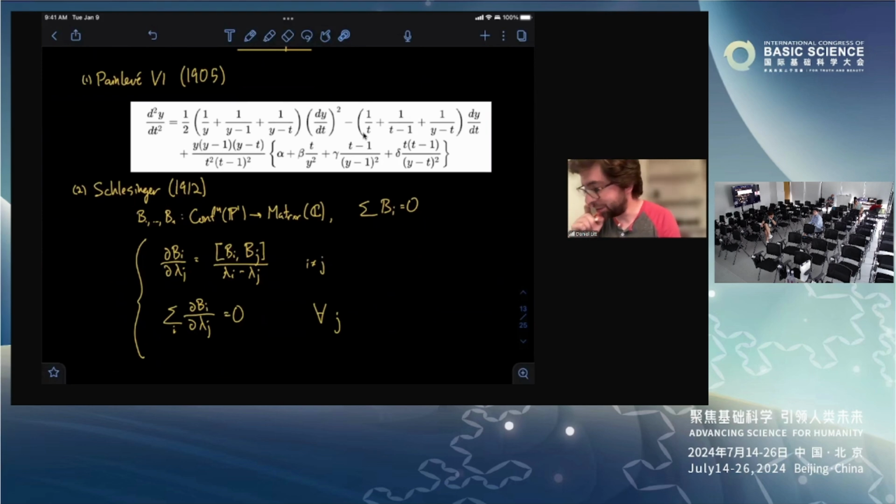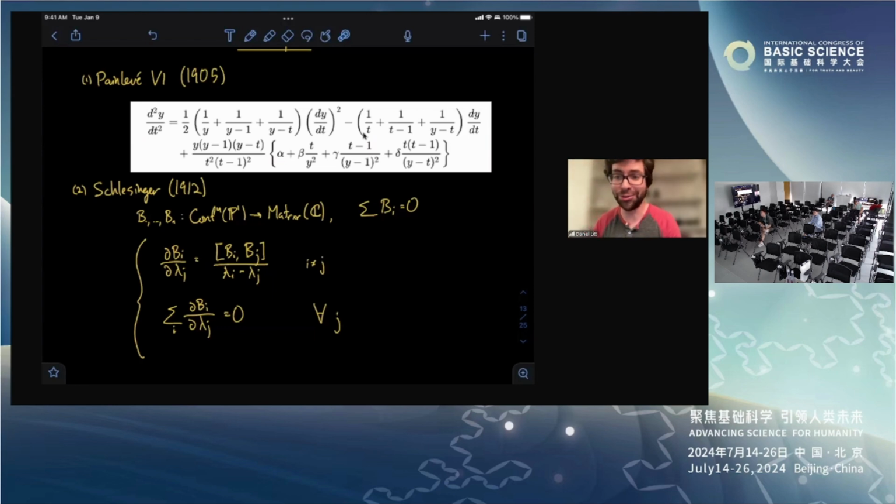And then what's your ODE? The B_i are functions of lambda_1 through lambda_n, and you can take the derivative of B_i with respect to lambda_j. If i is not equal to j, the derivative is this expression: you take the commutator of B_i and B_j and divide by lambda_i minus lambda_j.